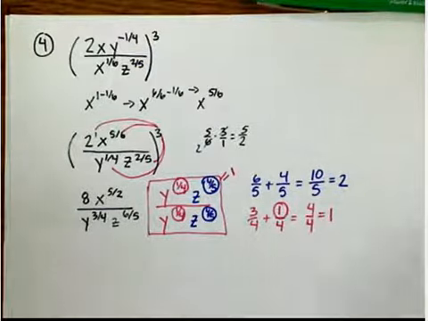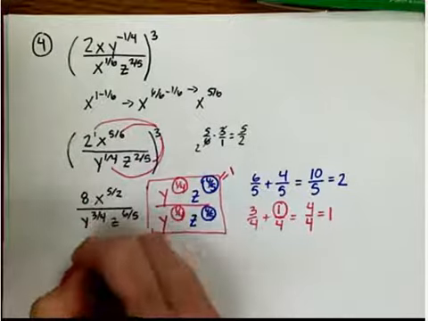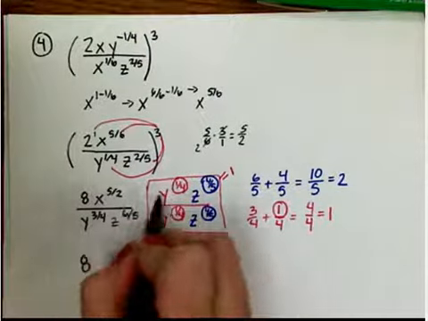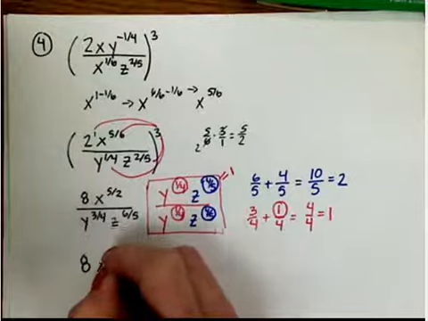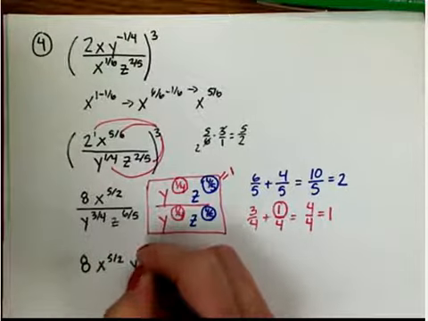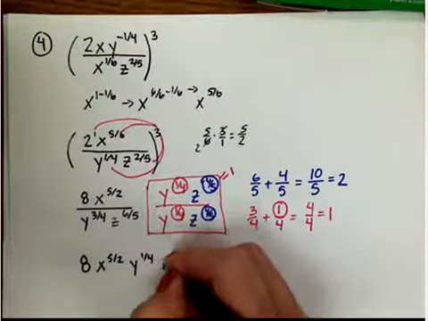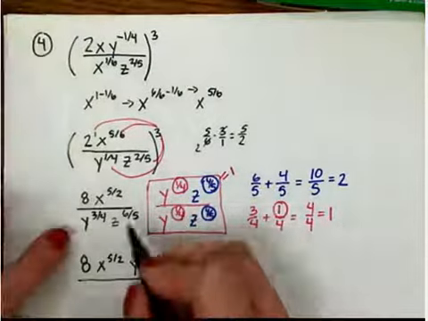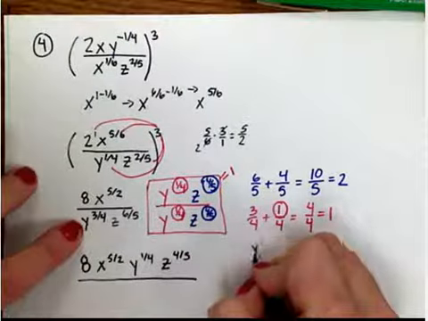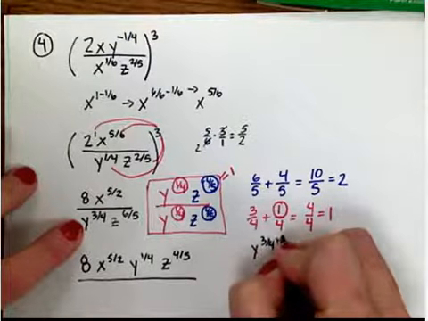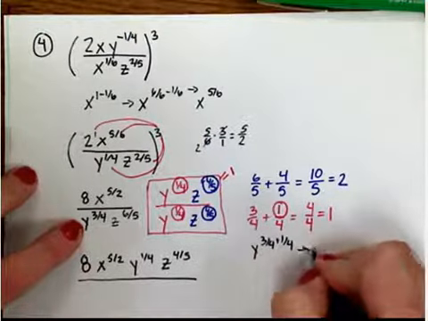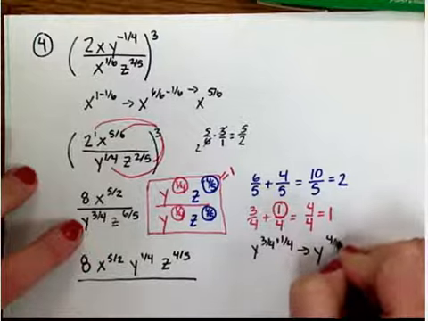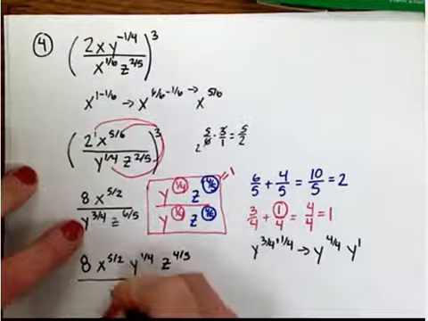Okay, let's multiply. Okay, so the 8 stays. Notice that x is not the same base here. Okay. All right, so y 3/4 plus 1/4, 4/4, y to the first.